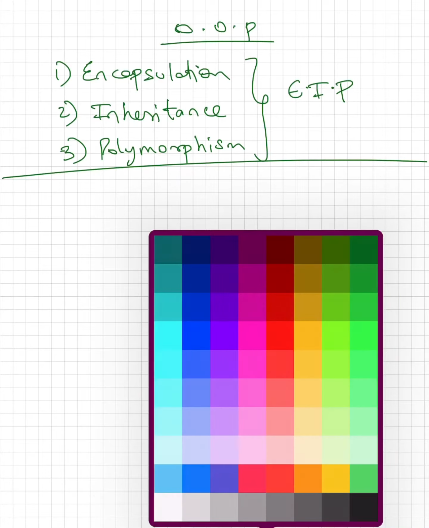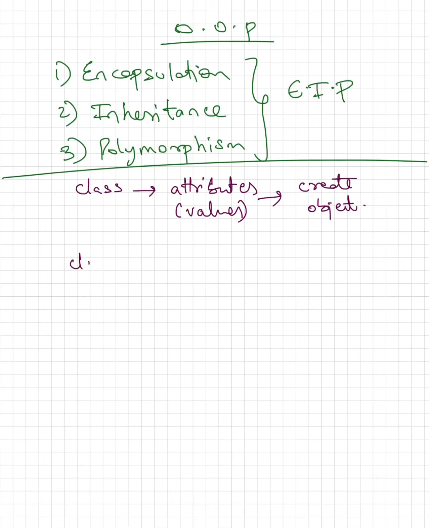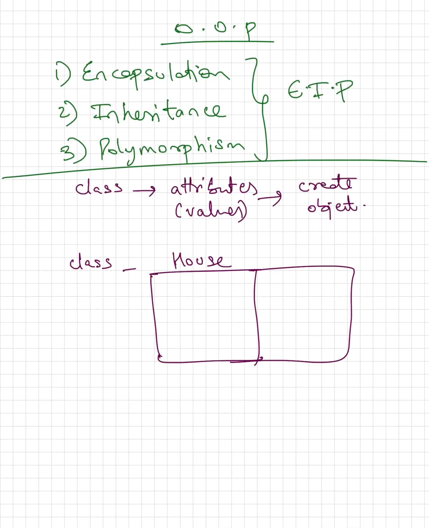To understand them, we'll go back to our same old example of class house. When you have a class, you add values to the attributes, and you create an object. For example, we take the same house class or home class, which has two sets: attributes and methods.